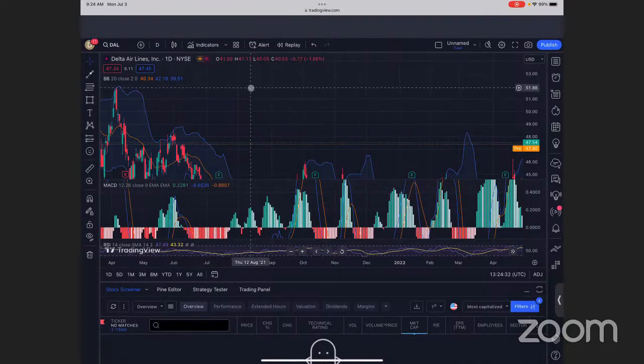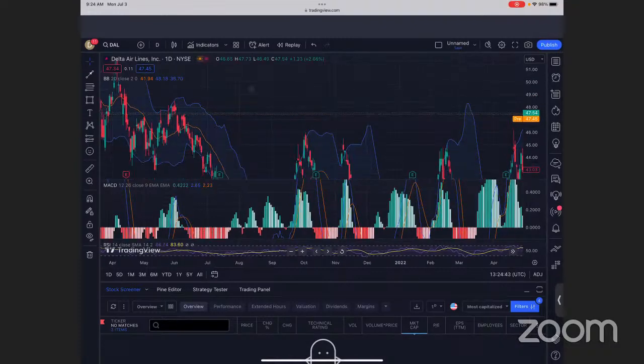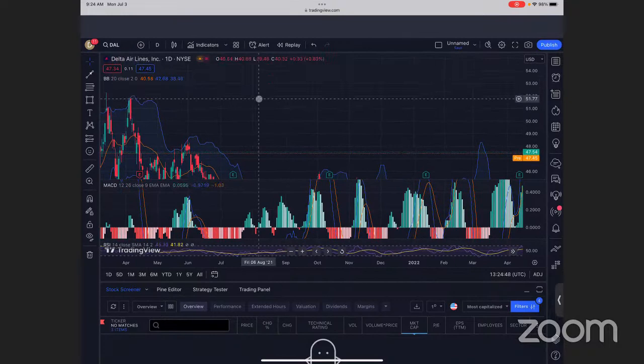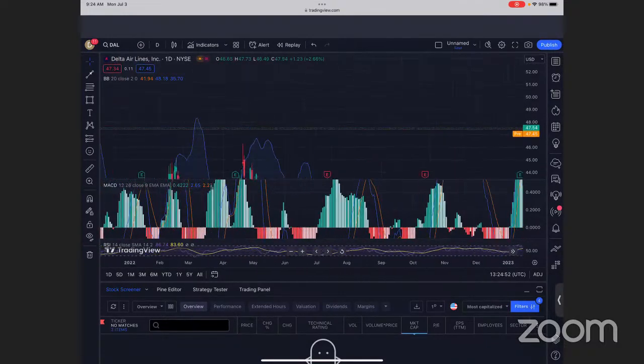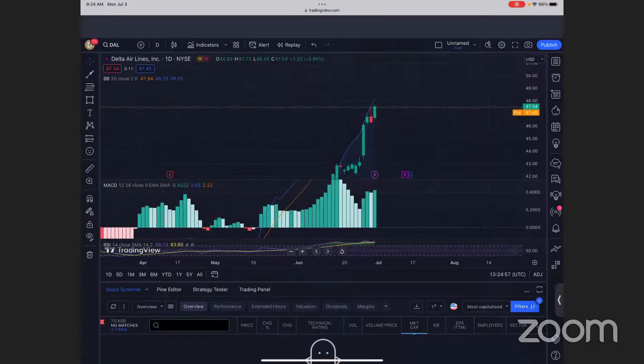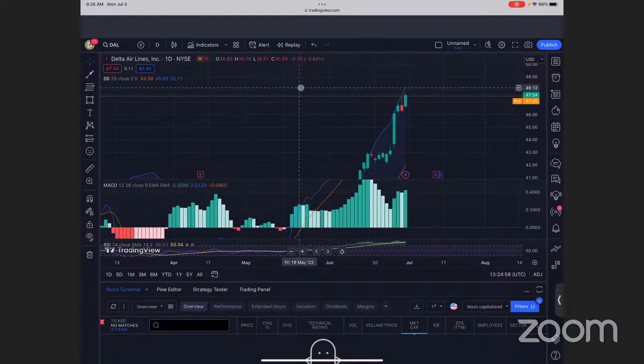So they're shooting for this one up here because it's going out till August, so we hold it for a couple of weeks. We hold it for half the duration, going to take profit before the end. We're shooting for that 51. 47. 5 minutes till open.